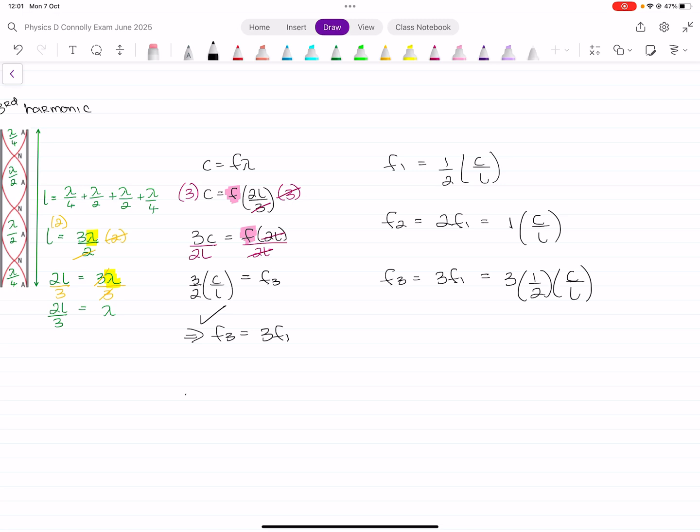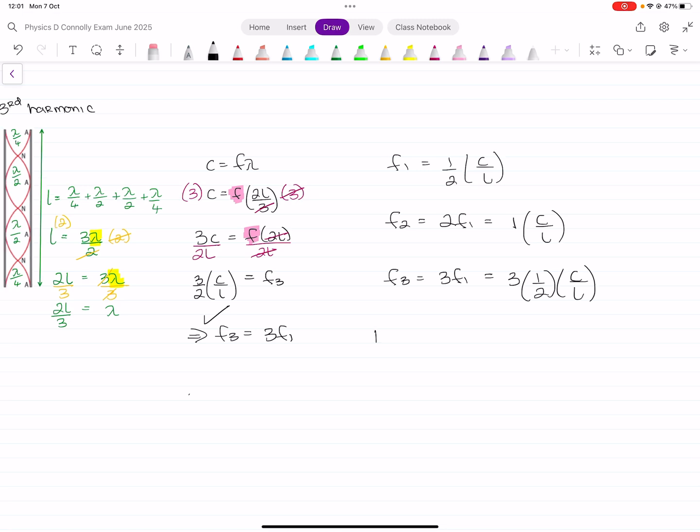Which becomes 3 over 2. Okay, so our conclusion is that all harmonics are present in a pipe open at both ends. And that's our conclusion.